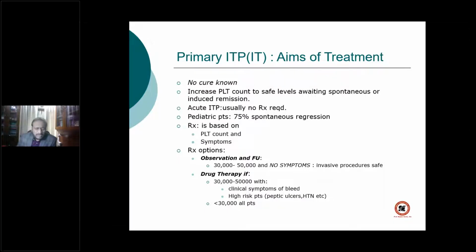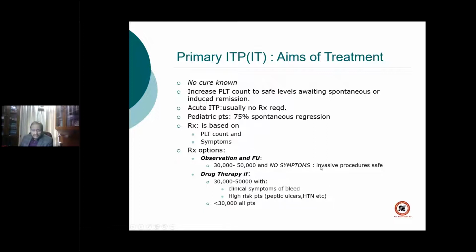So basically when you're trying to treat a patient of purpura, you're looking at two things. Number one, the platelet symptoms I just told you. Now, if you look at the first one, that is the platelet count, and you're talking about 30 to 50,000 per cubic millimeter and no symptoms.